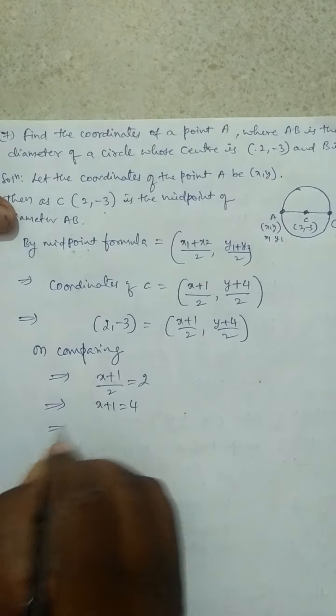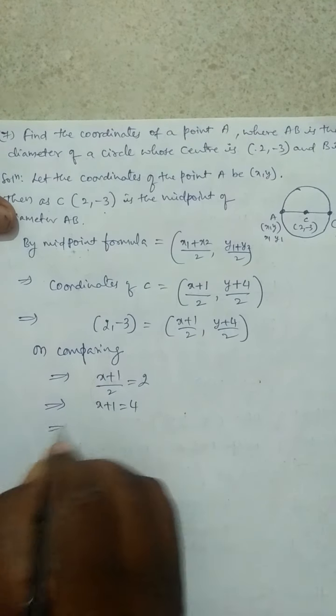In the same way, comparing (y plus 4)/2 is equal to minus 3. Then y plus 4 is equal to 2 into minus 3, which is minus 6. Then y is equal to minus 6, and the plus 4 transposed to the RHS becomes minus 4. Therefore y is equal to minus 6 minus 4, which is minus 10.